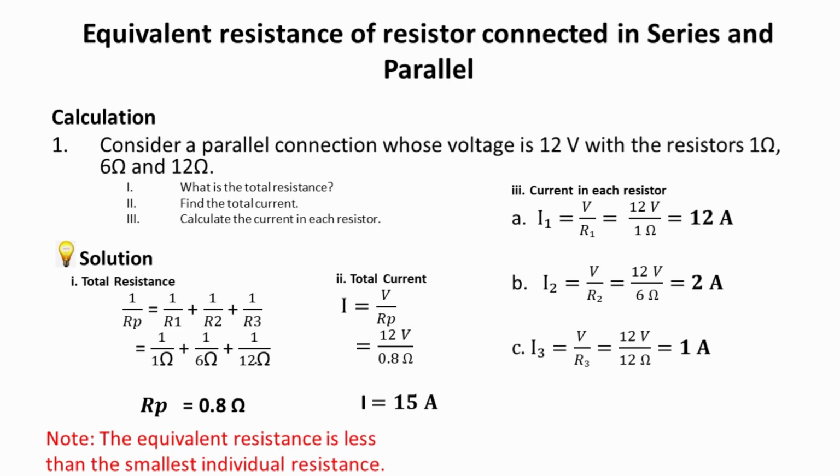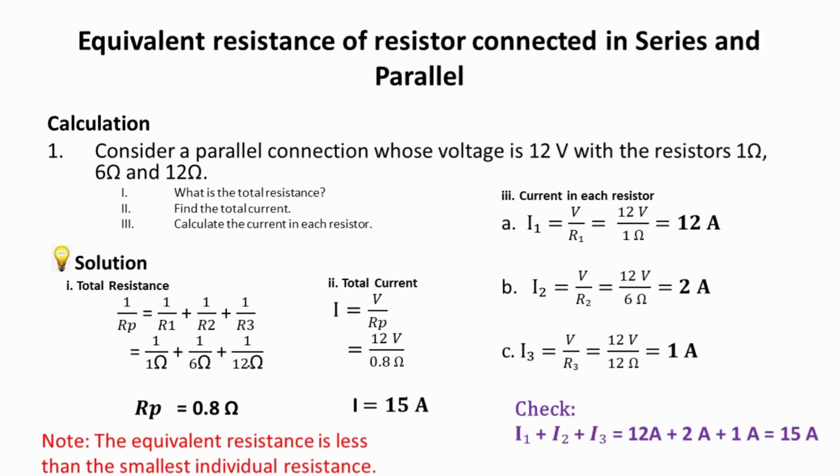The third will give you I subscript 3 is equal to V over R subscript 3, which is 12 volts over 12 ohms, which will give you 1 ampere. When you add the 3, you have 15 amperes, which is equivalent to the value of the current when you calculated it at once using the equivalent resistance.